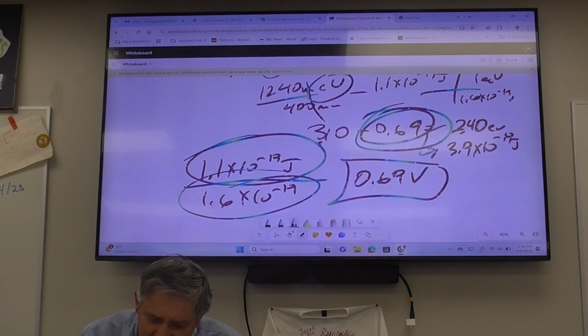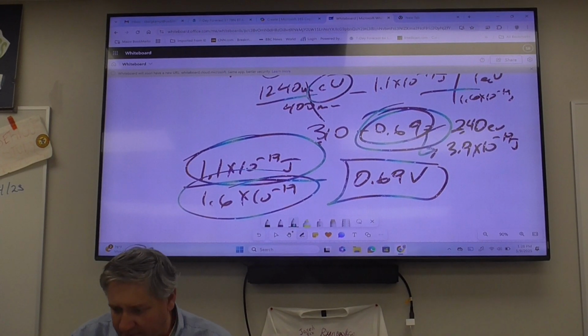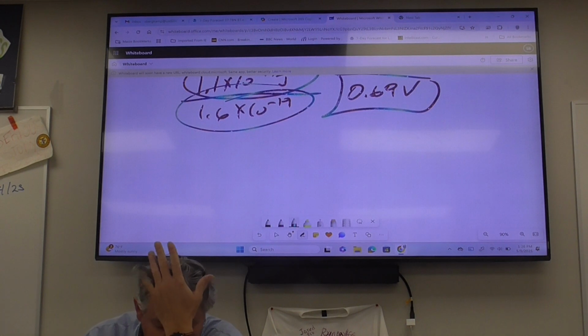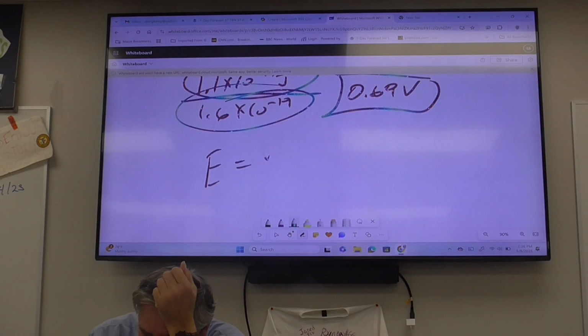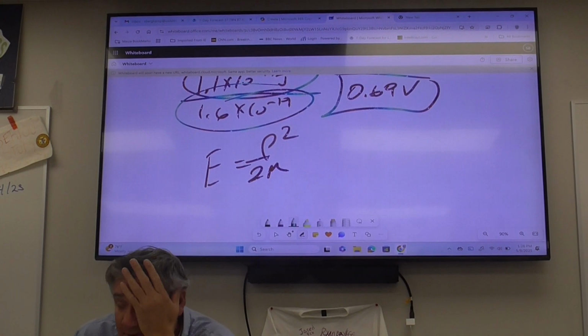Now, D gets a little bit sketchy, mainly because you want the momentum. So this is where it's handy to remember that E also equals momentum squared over 2m. That's one way you can do this.